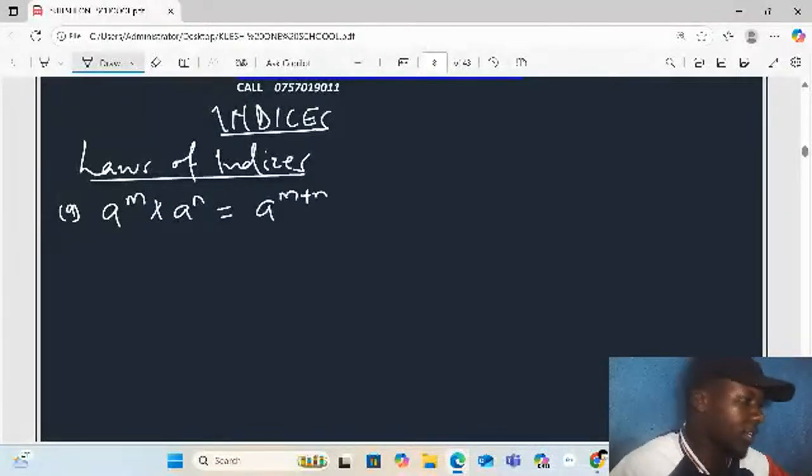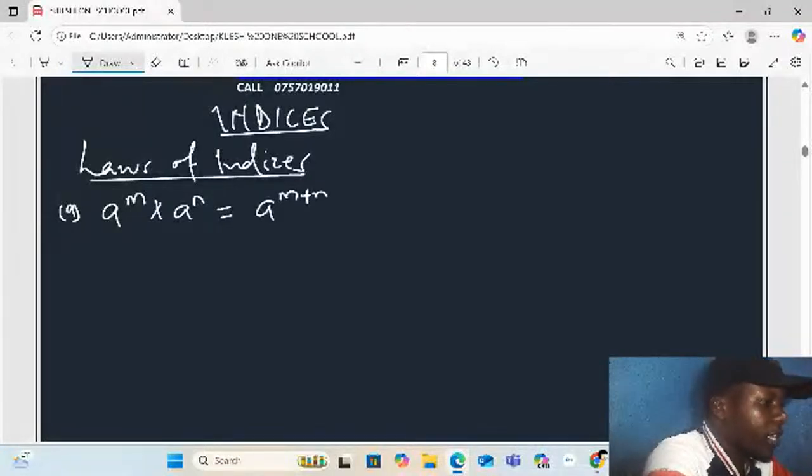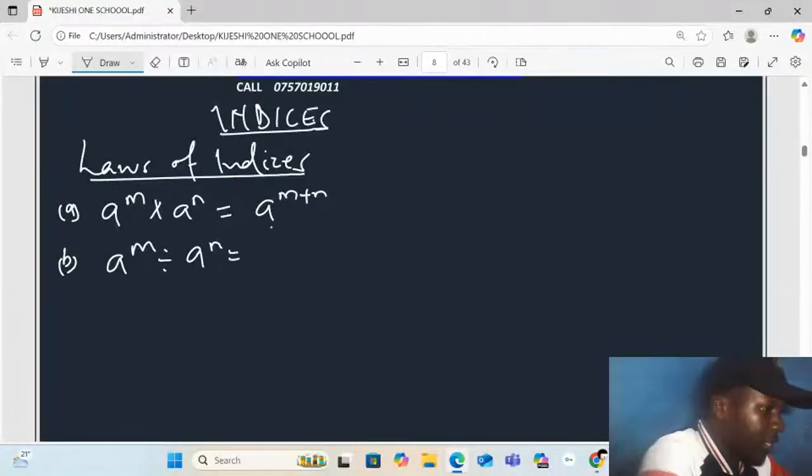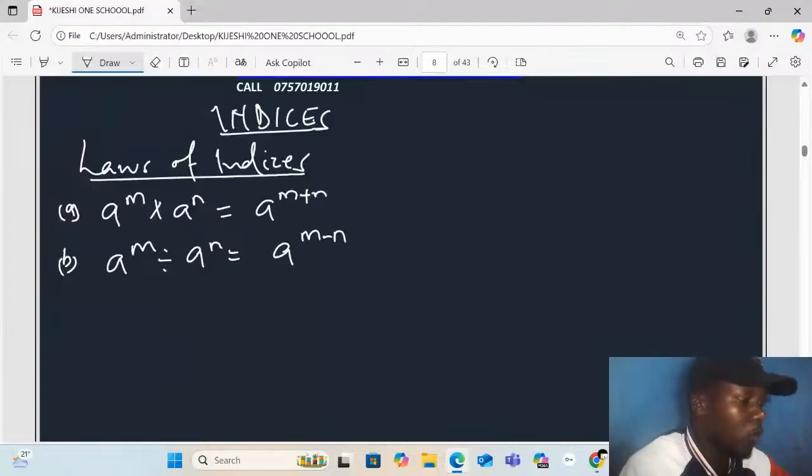That is what the first law says. Then if you are having A raised to m, then divide by A raised to n, then we are going to have A raised to m minus n. So when we divide, we simply subtract the powers, but when we are multiplying, we add the powers.